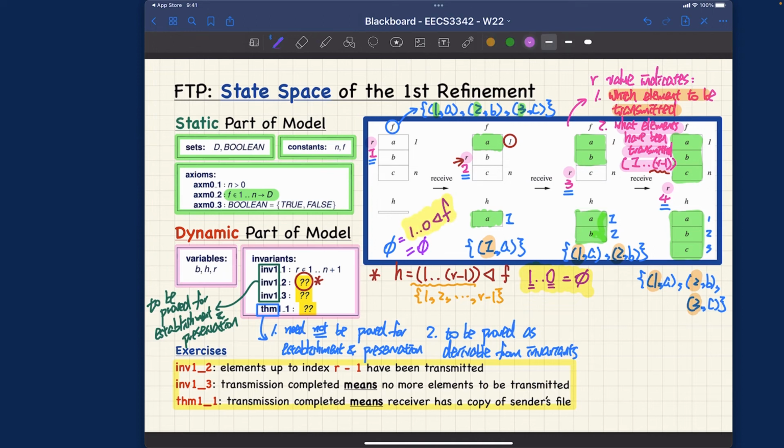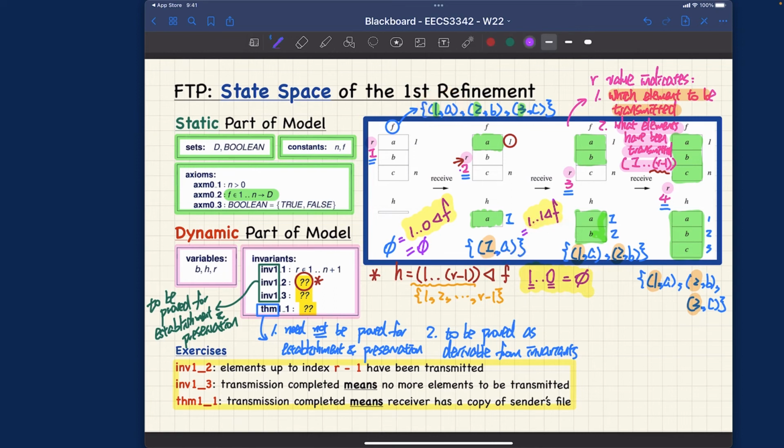What about the second one? The second one is also going to work, because here we got R being 2. So 1 up to 2 minus 1, being the restriction for the domain of F. And if you double check, it's also going to match the value, because this is only going to be a singleton set of 1. That means we're only extracting 1A from F.